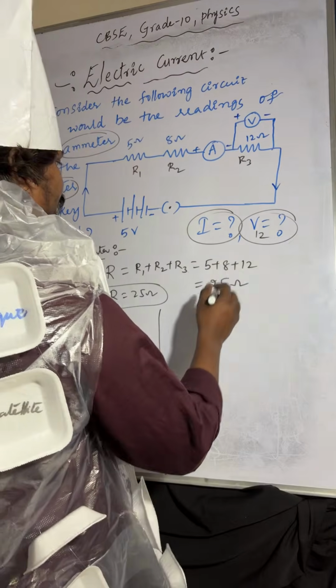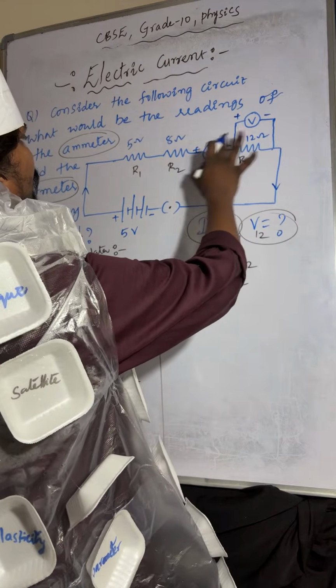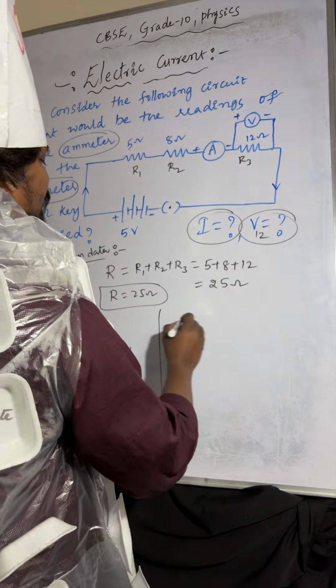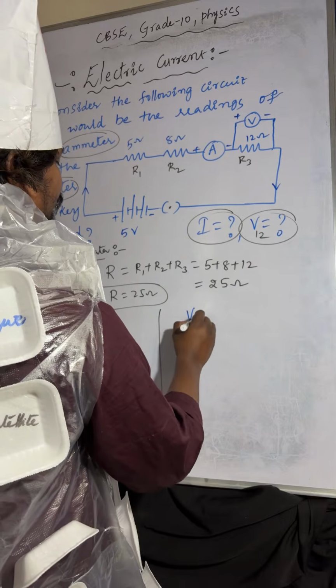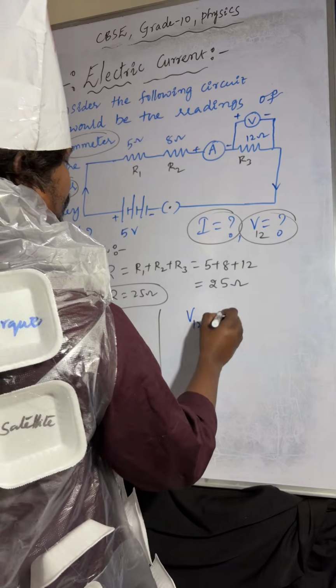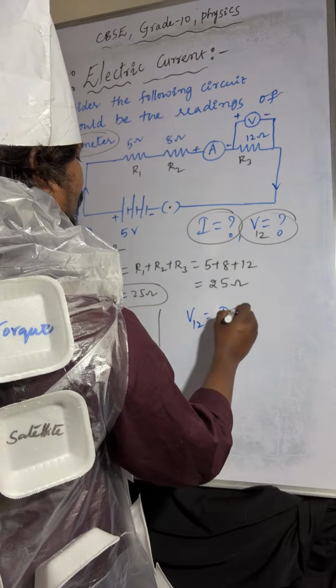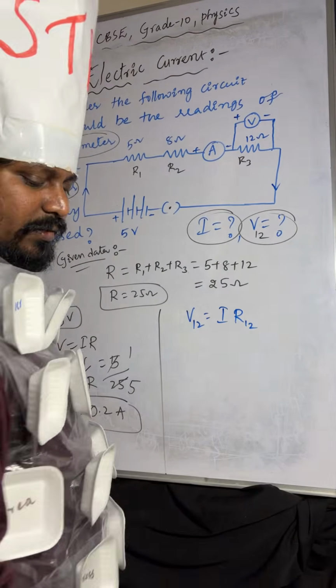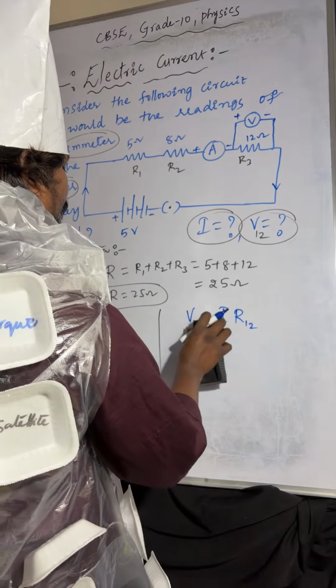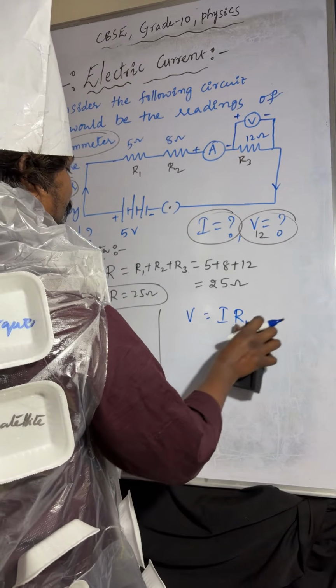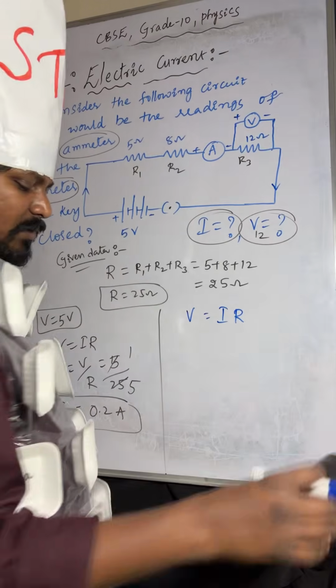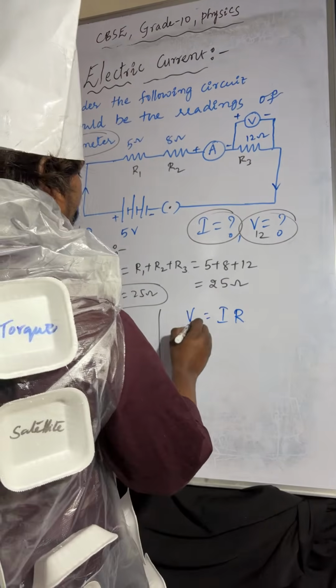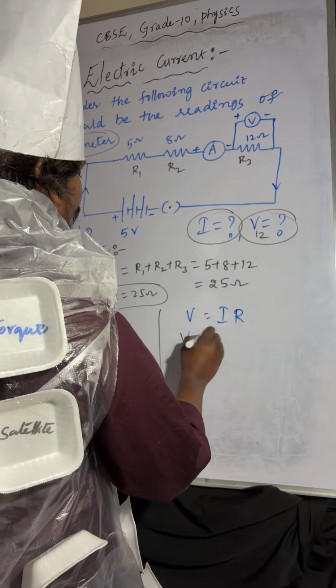Now they are asking to find out the potential difference across the 12 ohm resistor. Anyway, it is connected in series combination, so the overall current I and resistance 12. Now the potential difference we need to find out.